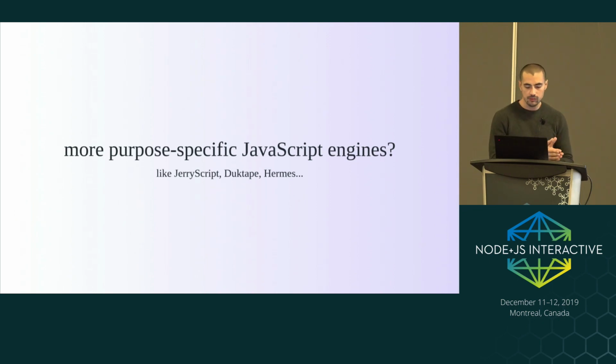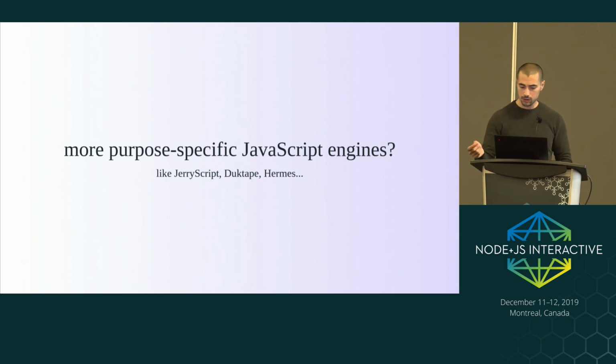We have also seen innovation happening in the field of JavaScript engines with very specific goals, like the Hermes engine designed for React Native applications, or JavaScript and Duktape. It first started happening with very low resource-specific JavaScript engines. And I believe it could be a good approach, or at least an interesting one, to see with Node.